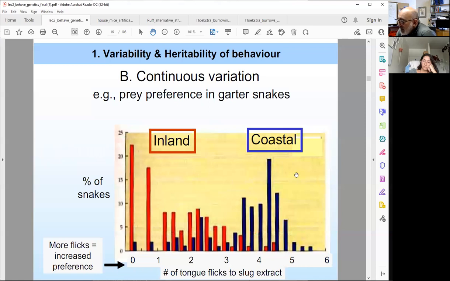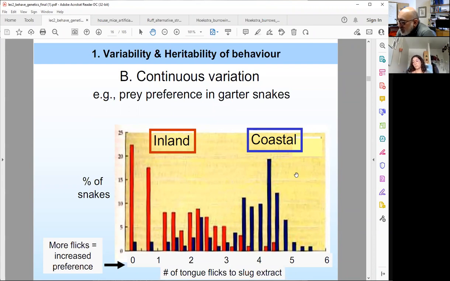So here are some results of this. On the x-axis is the number of tongue flicks that are given towards this cotton swab with the slug extract. And along the y-axis is the percentage of snakes that give these numbers of tongue flicks.